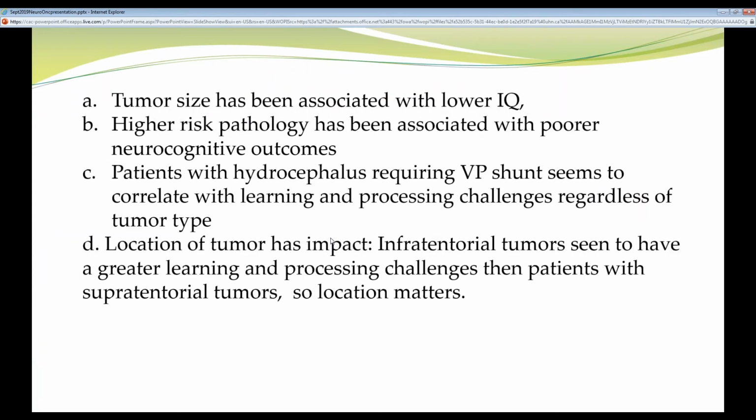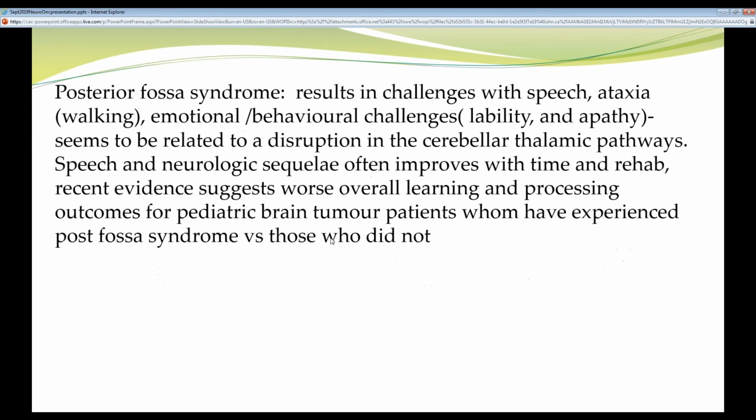The tumor size can make it challenging to get to the higher IQ, and the higher risk pathology like the medulloblastoma is associated with a harder time in learning and processing. And definitely the location can cause challenges. When I was pointing out the infratentorial tumors, they seem to have a bigger impact than the supratentorial tumors. So location matters.